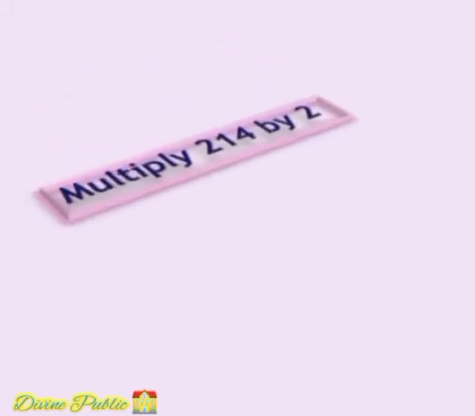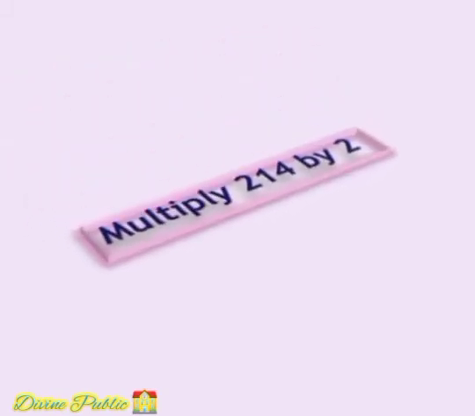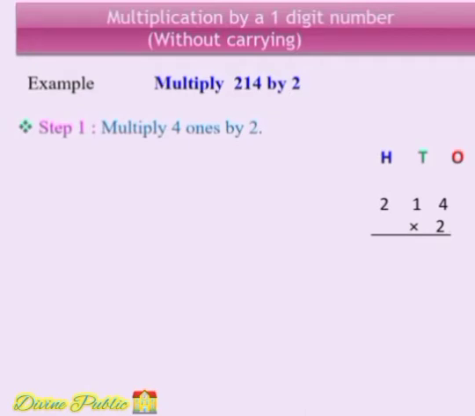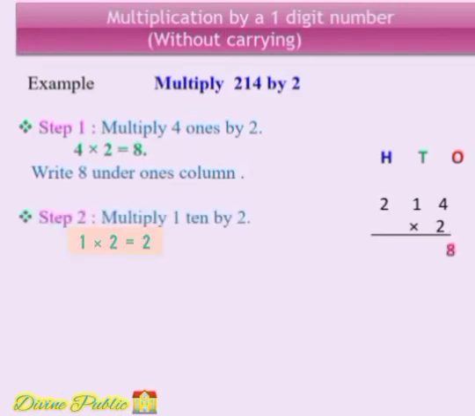Let us see one more example. 3 digit multiplied by 1 digit. Multiply 214 by 2. Again we will follow these steps. Step 1. Multiply 4 ones by 2 and write 8 under the ones column. Step 2.